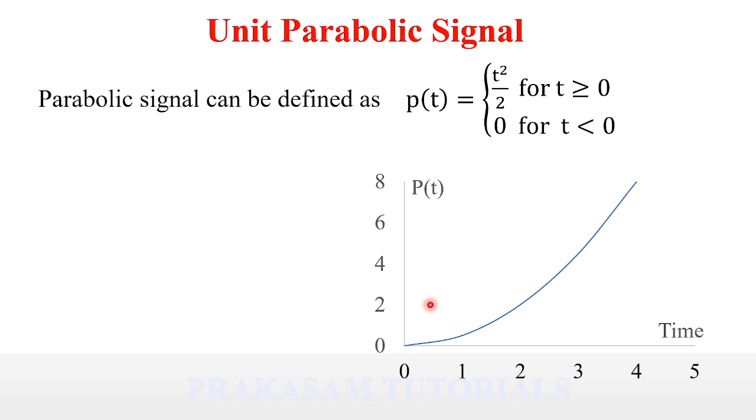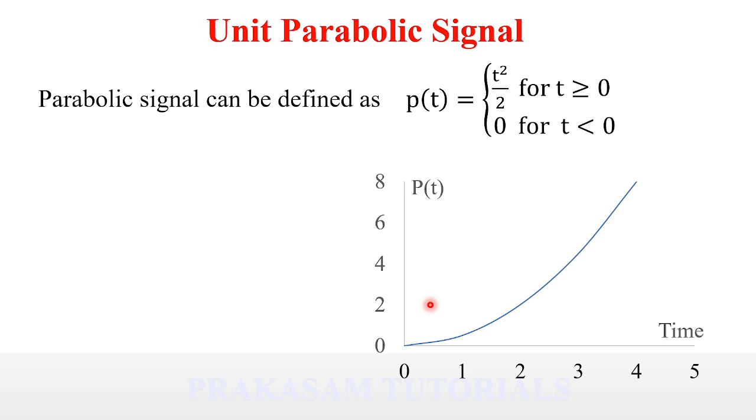Once again, the definition of the unit parabolic signal: when a signal gives constant acceleration, such a signal is known as a parabolic signal or parabolic function. The unit parabolic signal or the unit parabolic function is also called the unit acceleration signal.